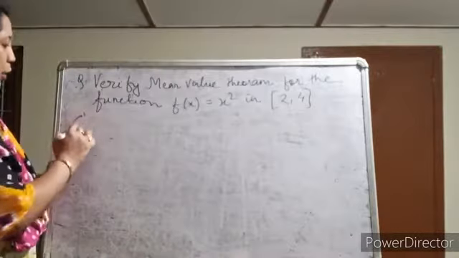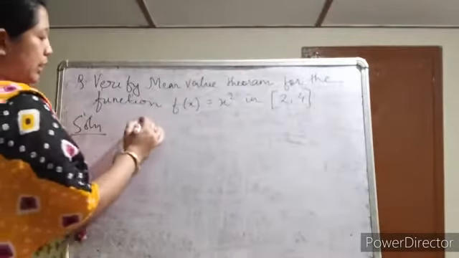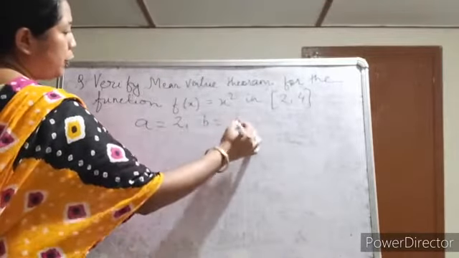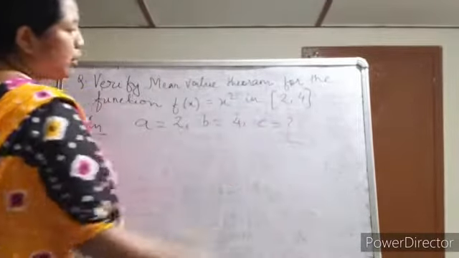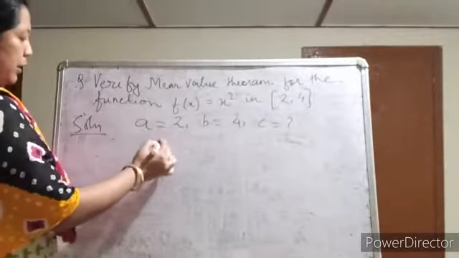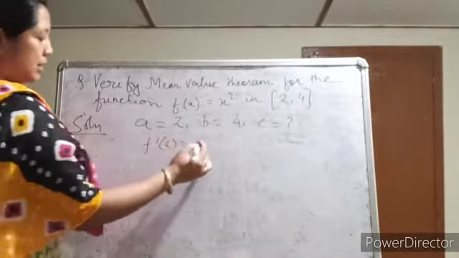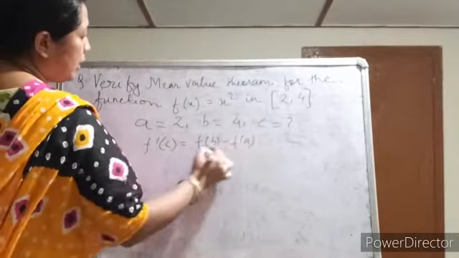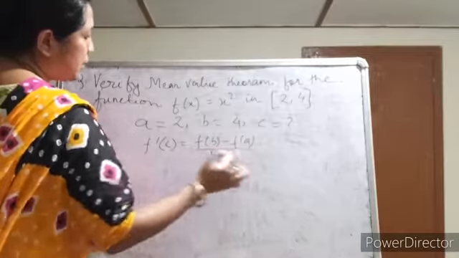As we all know, here your a value is equal to 2 and b value is equal to 4, and c we are going to find. Our main theorem is f dash c is equal to f of b minus f of a divided by b minus a.